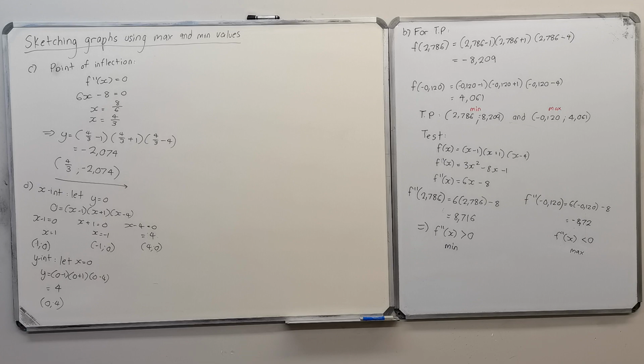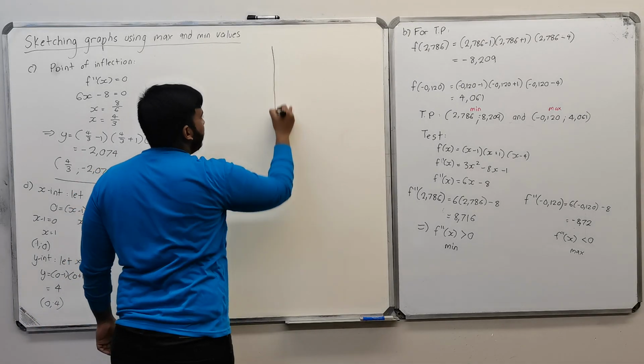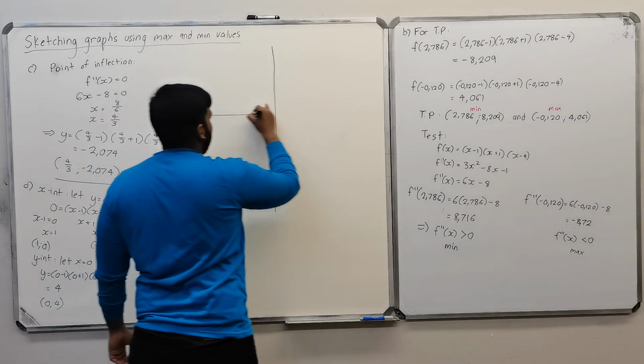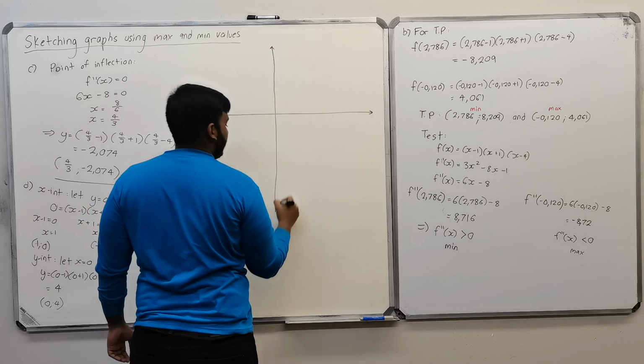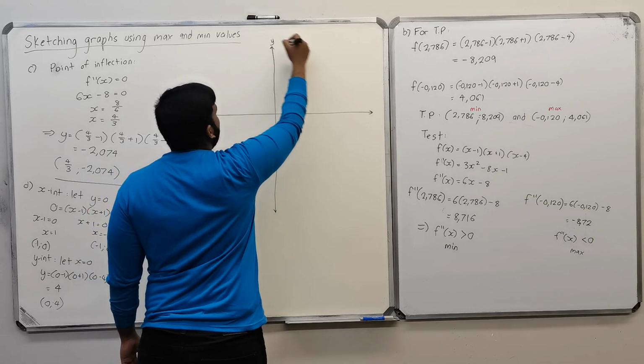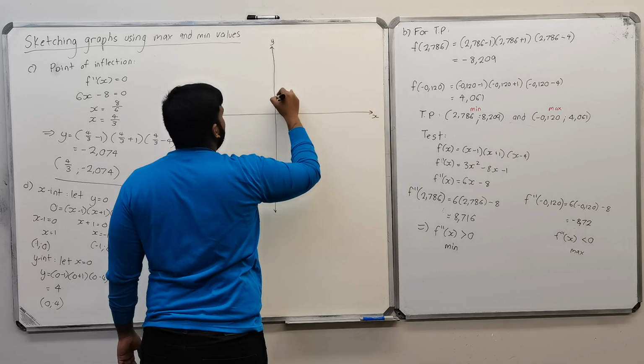Now we need to just draw our graph. So how would you draw a graph? First thing you would start off with is your axis. This is your y, this is x.